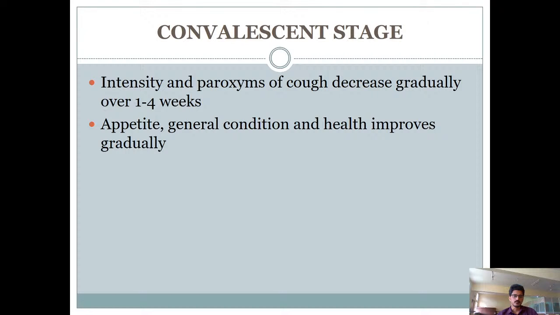The cough intensifies in the paroxysmal stage and continues into the convalescent stage also. In the convalescent stage there is an increase in appetite and general condition and health improve, but the cough doesn't subside that easily, because it can be there for 10 to 12 weeks approximately. So it was considered a 100 days cough by the Chinese. So whooping cough or 100 days cough.